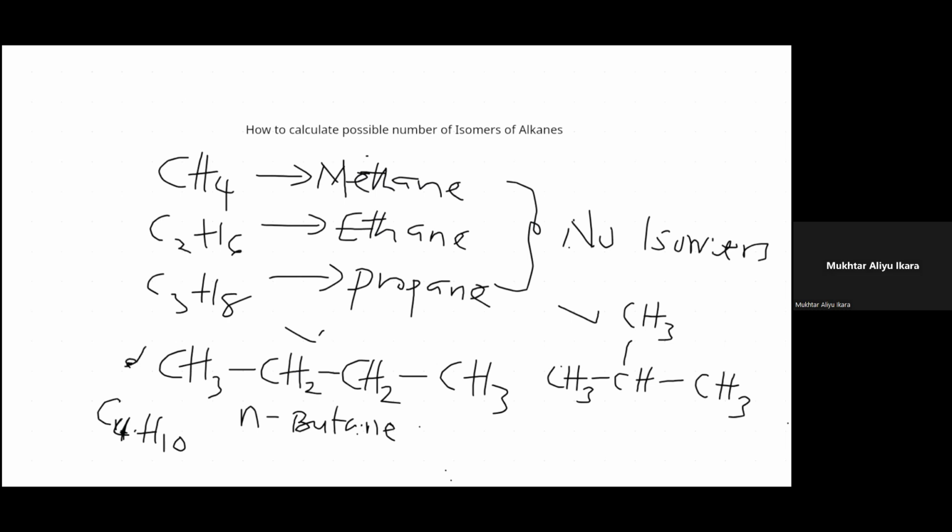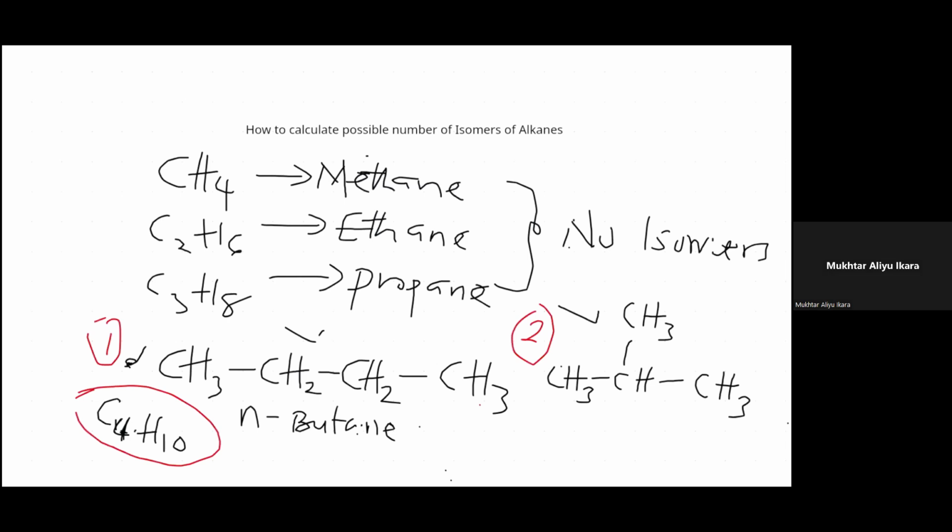Both have 4 carbon and 10 hydrogen, C4H10. The structures are different, but their molecular formula is the same.